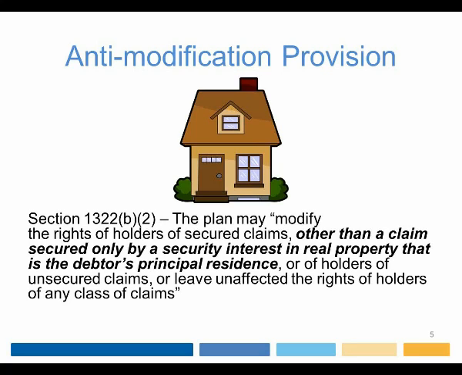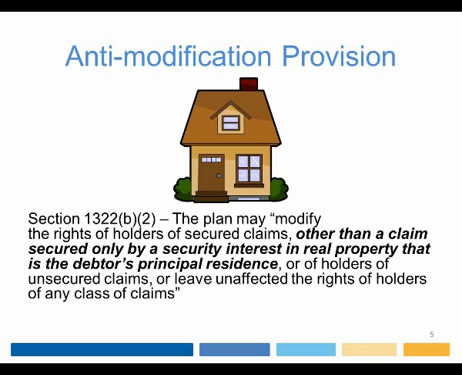Of course, what Congress gives, they take away in the next clause, which is that other than a claim secured only by a security interest in real property that is the debtor's principal residence. So this is often referred to as the anti-modification provision within this general section that allows you to modify secured claims. And over the years, basically every word in that other than clause has been construed, and construed narrowly, fortunately, so that there are a number of exceptions.